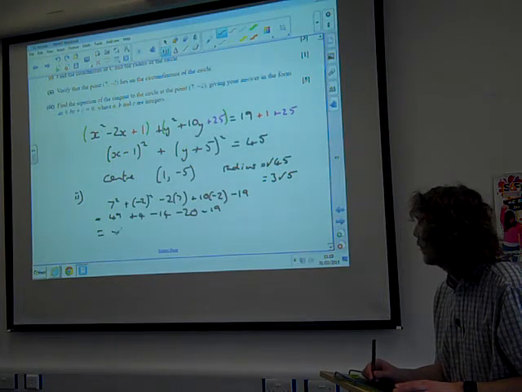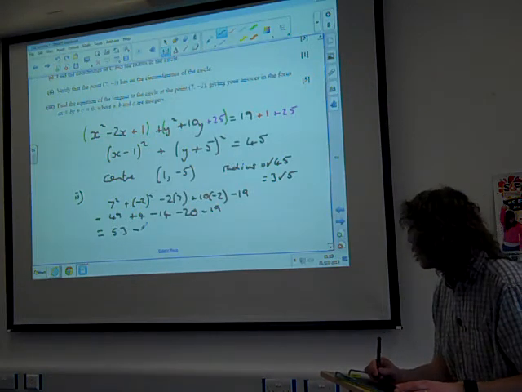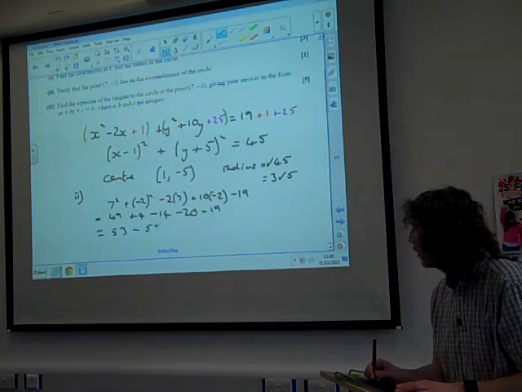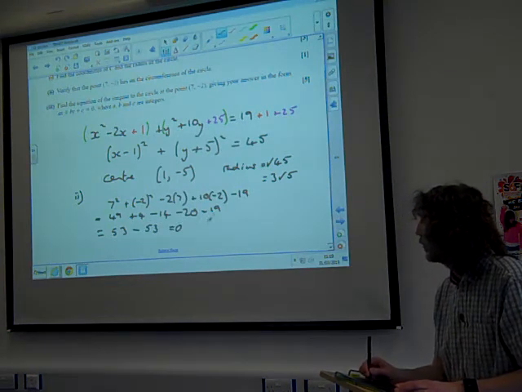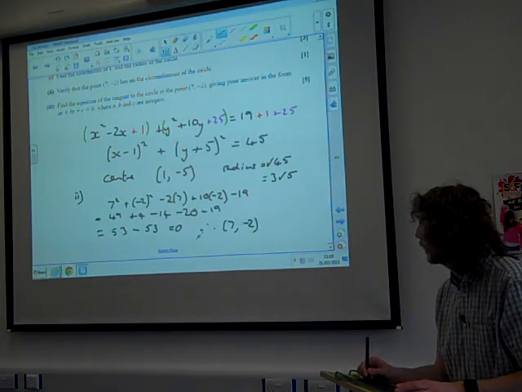Which is, what is that? 53 take away, and we should have 53 there, we have, haven't we? Which equals 0. Therefore, 7, minus 2 is on the curve, is on the circle.